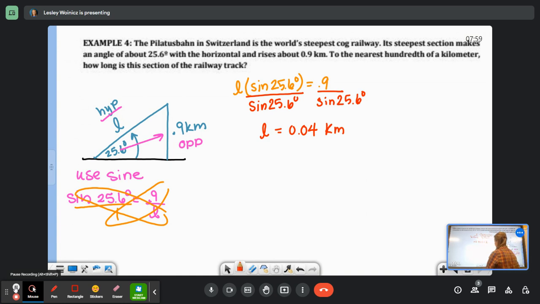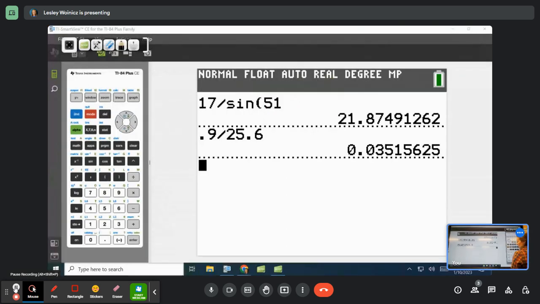The reason I knew this was wrong is because my hypotenuse should always be my longest side, and 0.04 is not bigger than 0.9. When I went back and looked at my calculator, I didn't divide by the sine of 25.6. I just divided by 25.6, like a Nimrod.